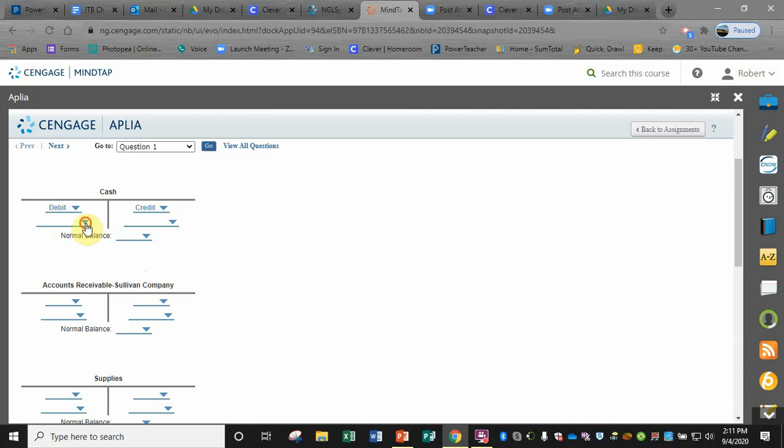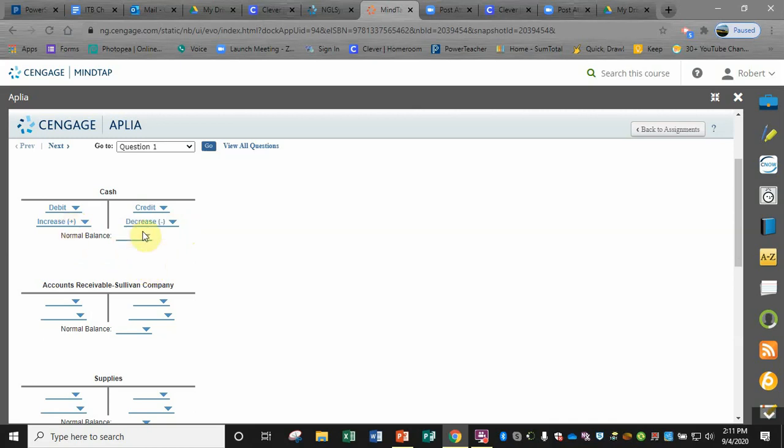So in our next selection, so cash is on the left side of the equal sign under assets. So the debit side is always going to be the increasing side. And the credit side is always going to be the decreasing side.